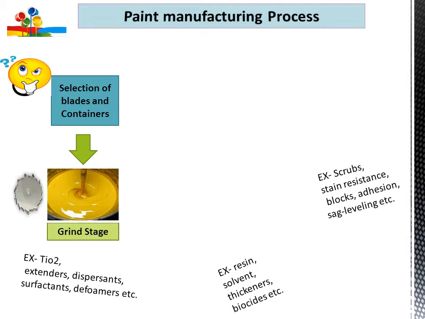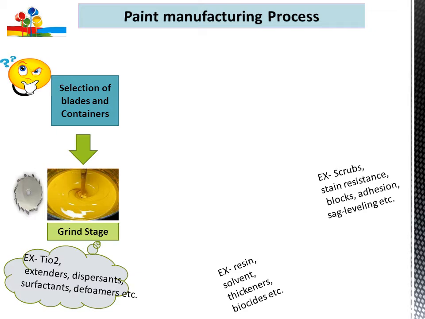Then the second stage, once we select blades and containers, we start grind. The grind stage is the stage where we add TiO2, extenders, dispersions, surfactant and defoamers. And in this stage we use this type of blade.